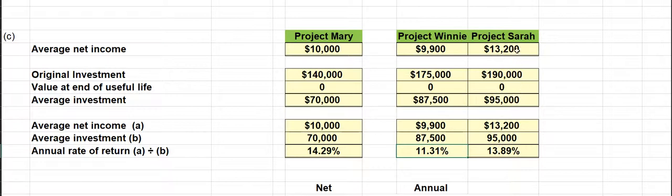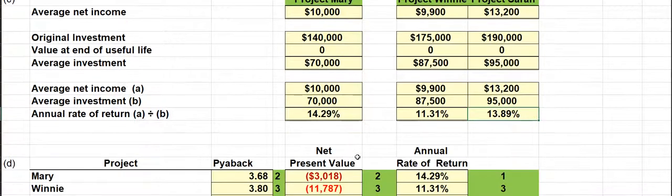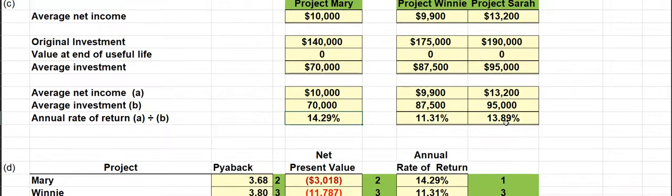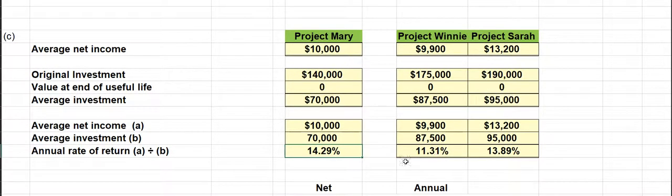And then for Project Sarah, we take the average net income divided by the average investment of 95,000, and that gives us 13.89. If we were to rank these, the higher the percentage, the better. So Project Mary would be number 1, Project Sarah would be number 2, and Project Winnie would be number 3.